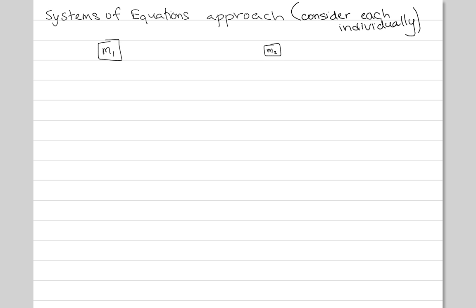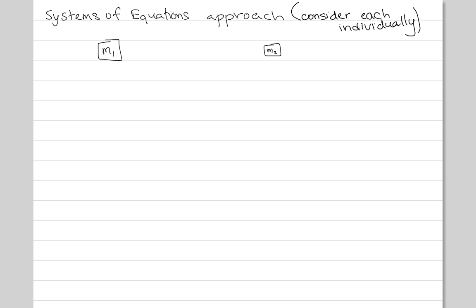So if we consider each body individually, then what we can do is create a system of equations, because there are two unknowns and you have two sets of information. What's going to happen on mass 1 gives you a certain amount of constraint, and what's going to happen on mass 2 is another, so you have two sets of information and two unknowns.